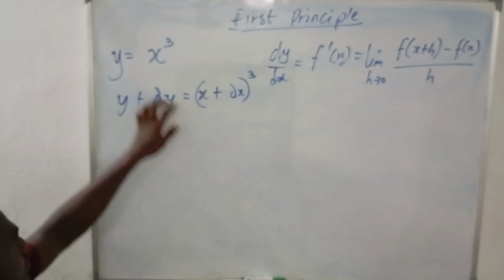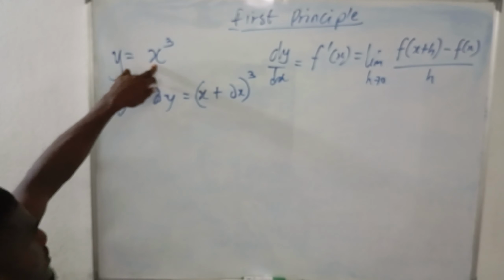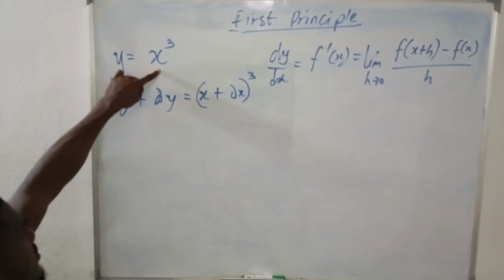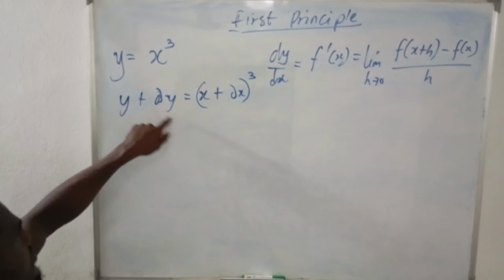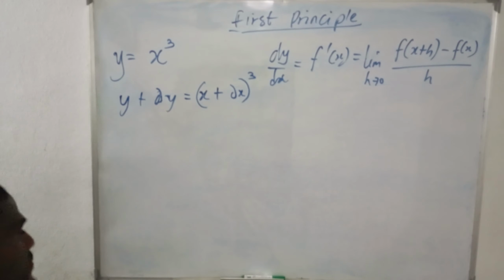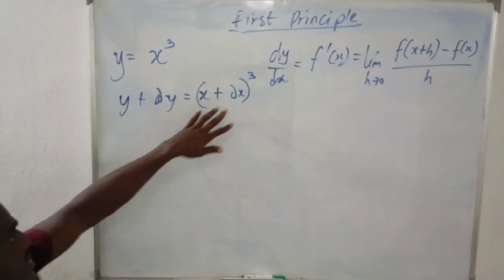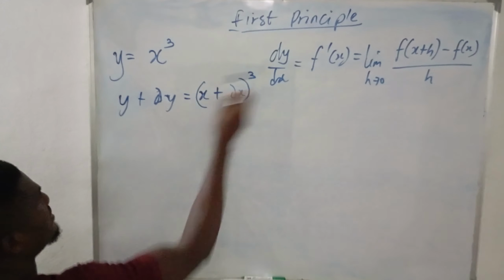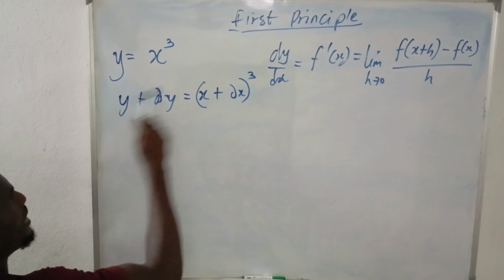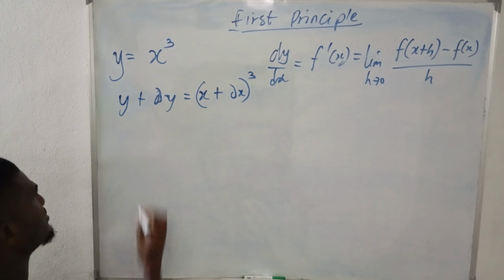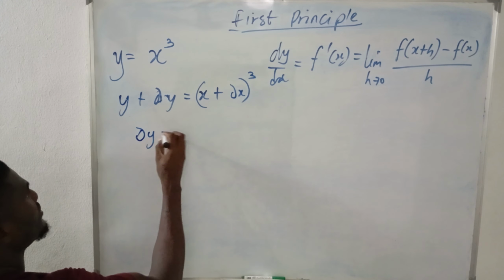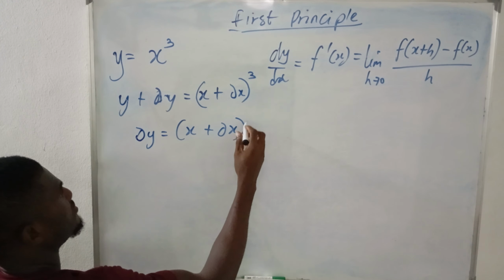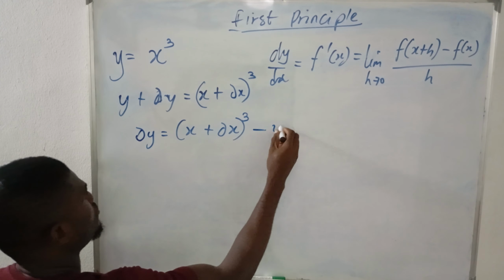So in this case we've changed our x. We have added a little increase to our x here, just as we have added a little increase here to our y. So this is how you represent it. And then since you are trying to derive dy/dx, you will have to move the y to the right hand side such that you have dy equals x plus dx raised to the power of 3 minus y.